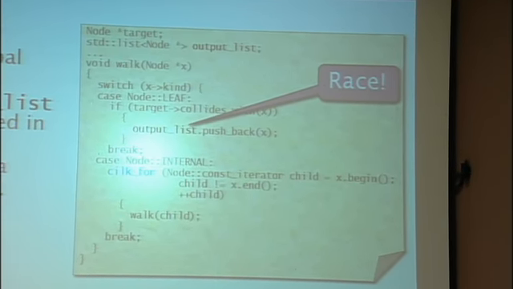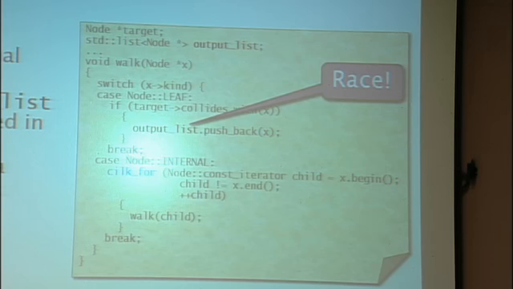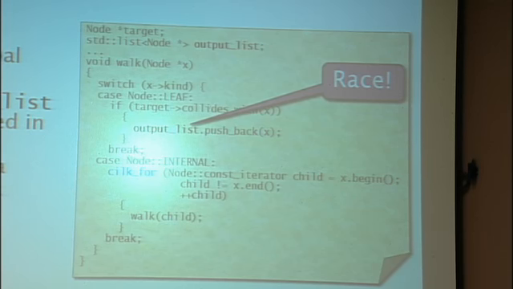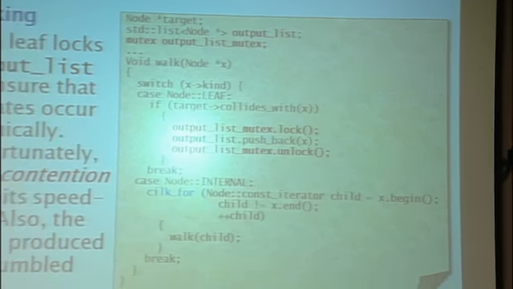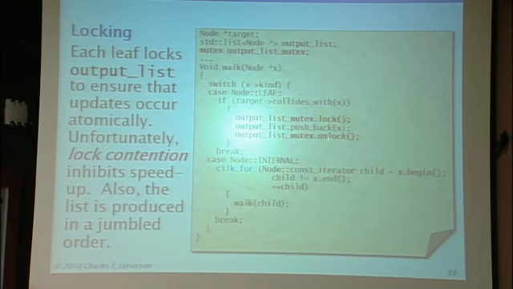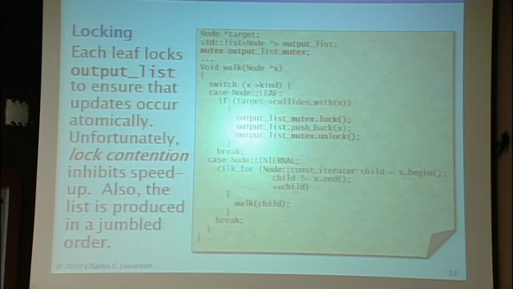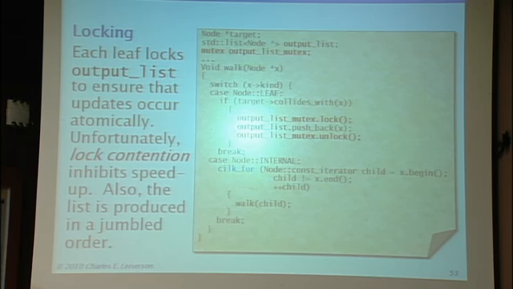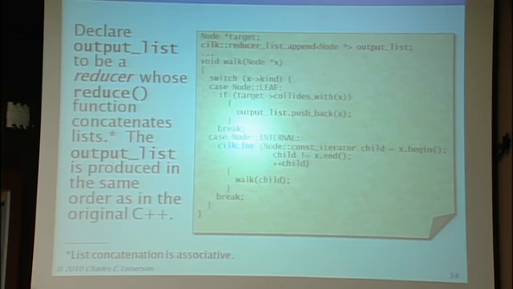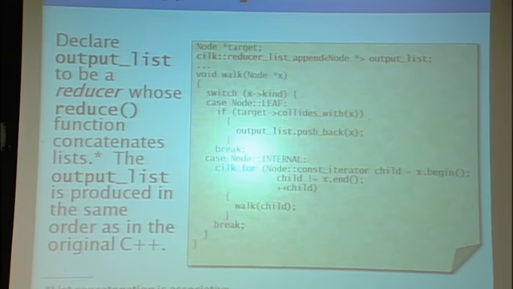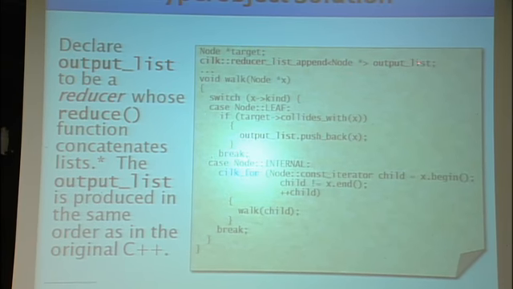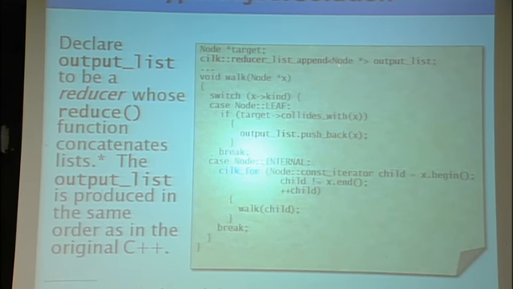So we could resolve it with a lock or whatever, but it turns out it's much better to resolve it with a reducer. We could do the lock, but now you've got lock contention, and also the list ends up getting produced in a jumbled order. So if you declare this to be a reducer with list append, what happens then is, it turns out list concatenation is associative.